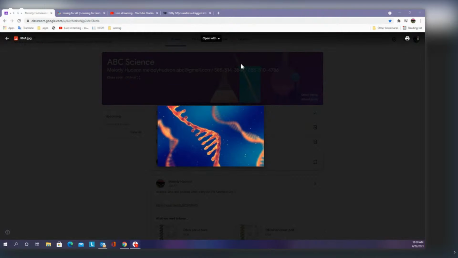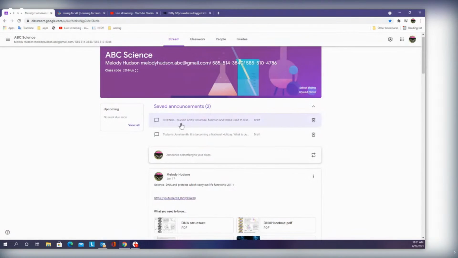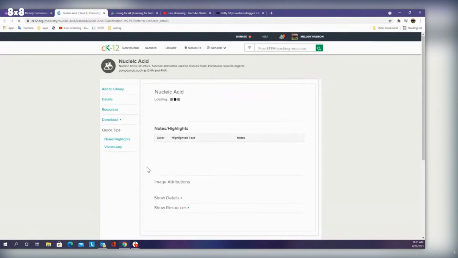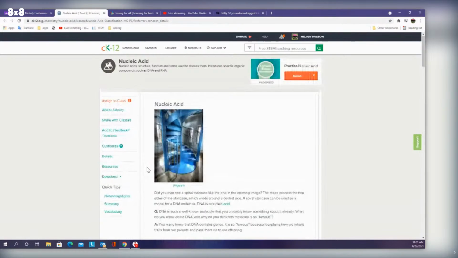Let's find out. So, I'm going to scoot on over to our lesson, and our lesson from CK12 is the following. You can read along. Did you ever see a spiral staircase like that? The steps connect the two sides of the staircase, which winds around a single axis.